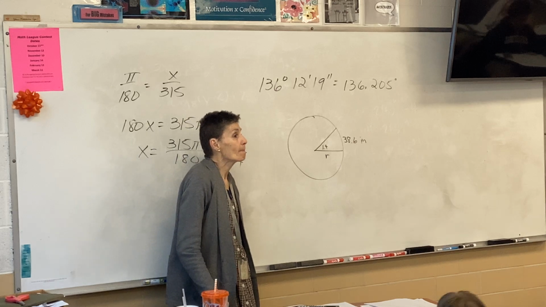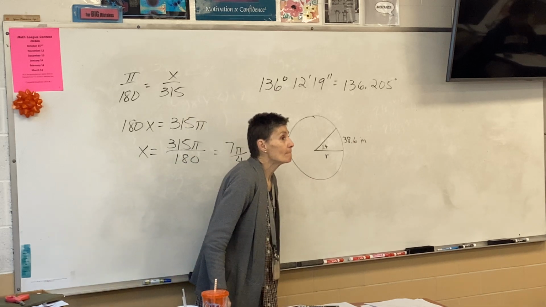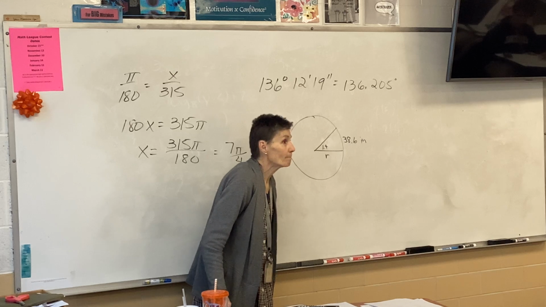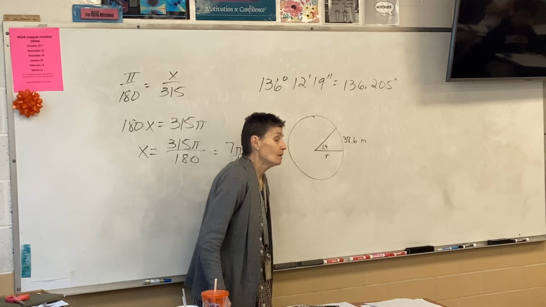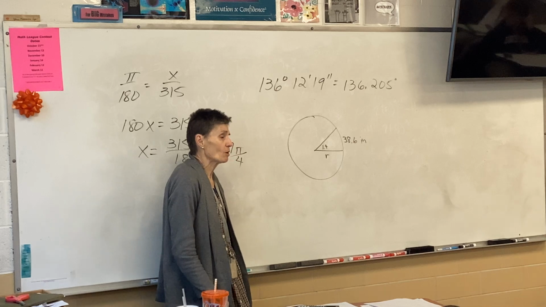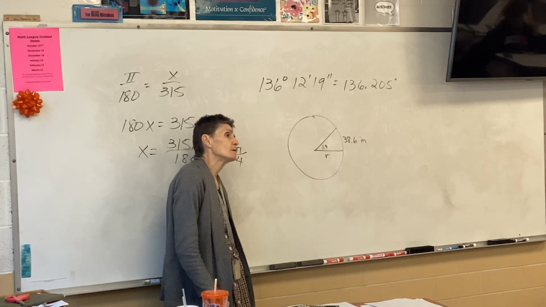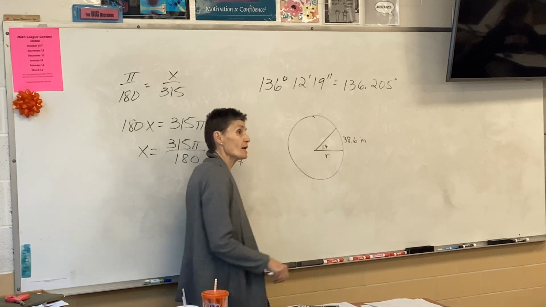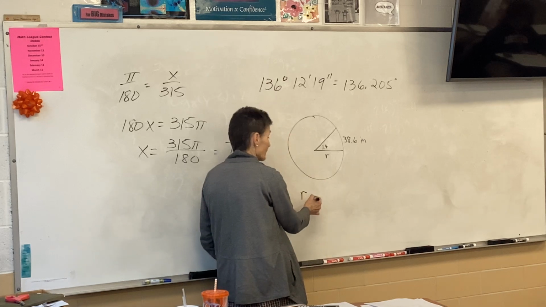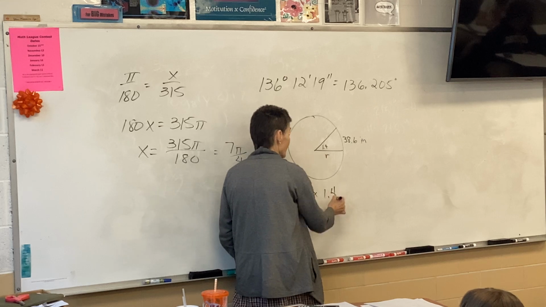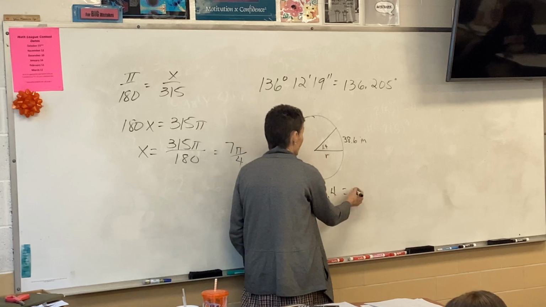Caitlin? Well, that's what we're going to do. How did we find arc length before? Well, it's radius times radius. Oh, stop right there. Radius times radians equals arc length.